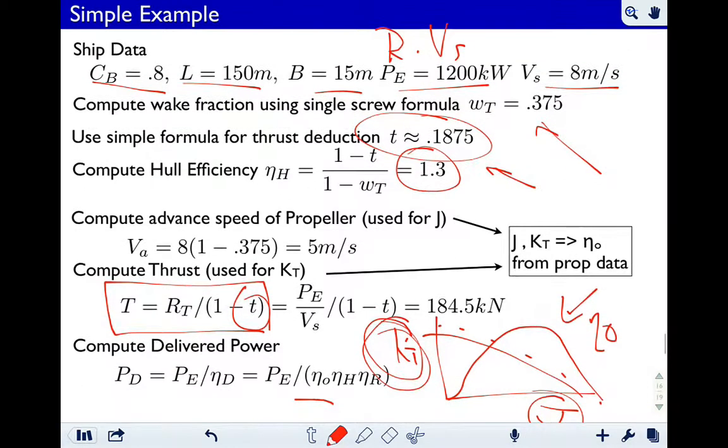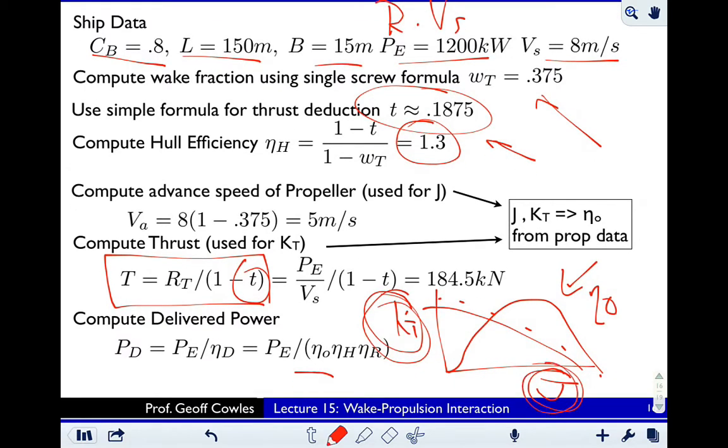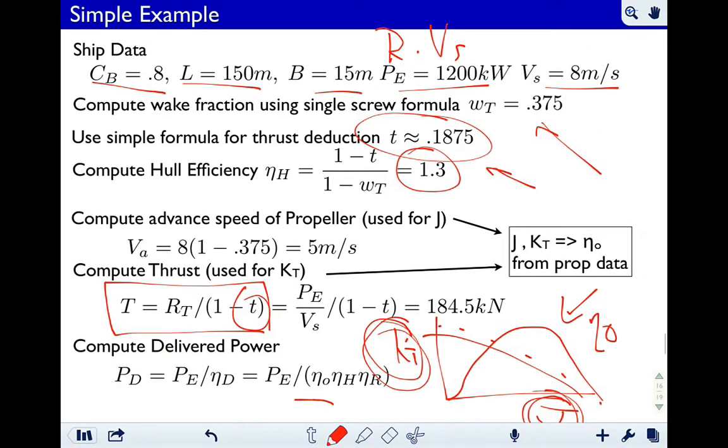And we need to calculate J, which requires the advance speed. The advance speed is linked to, again, VA equals VS times 1 minus WT. So we need the ship speed, we need the Taylor wake fraction, and we can calculate the advance velocity. So there are three places that T and W come in.